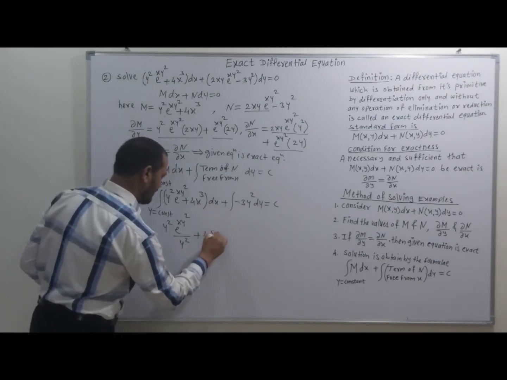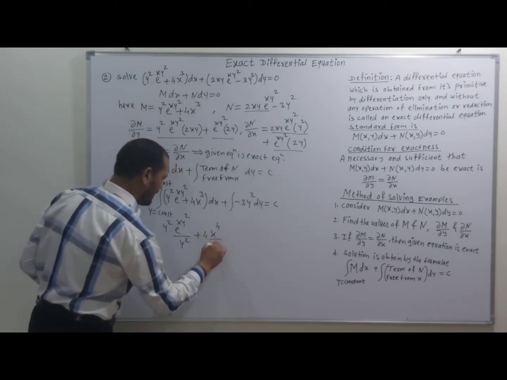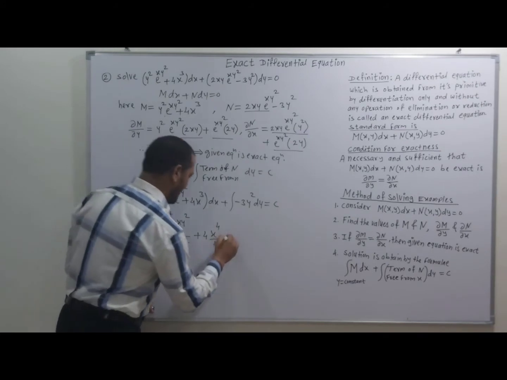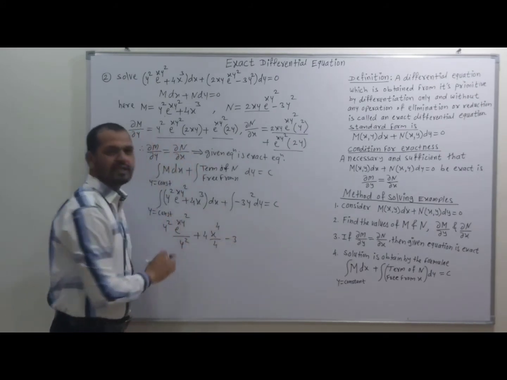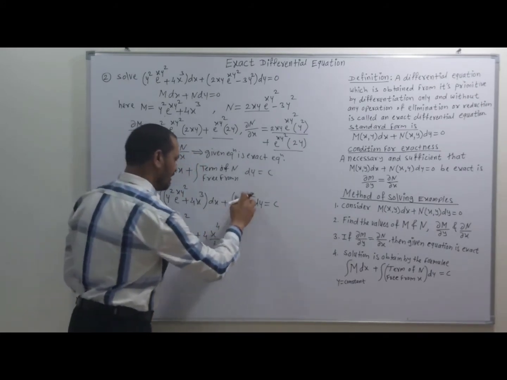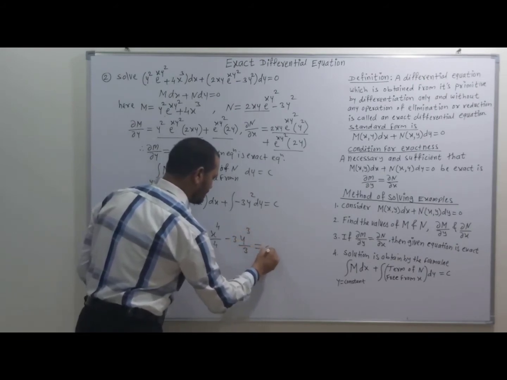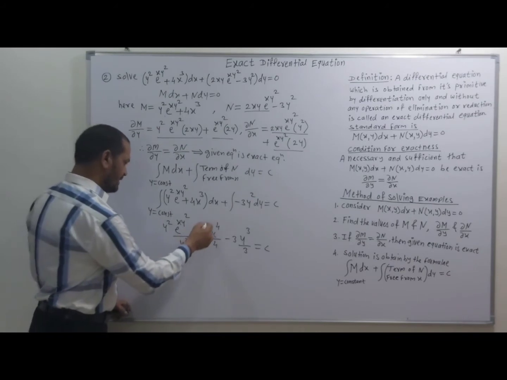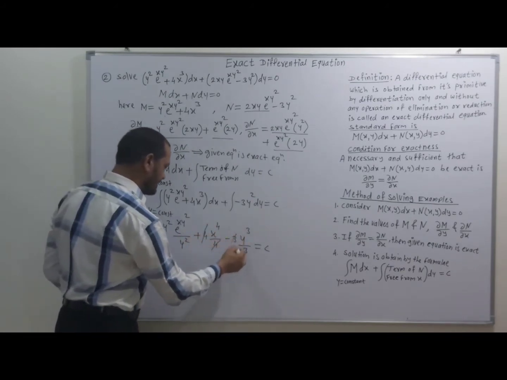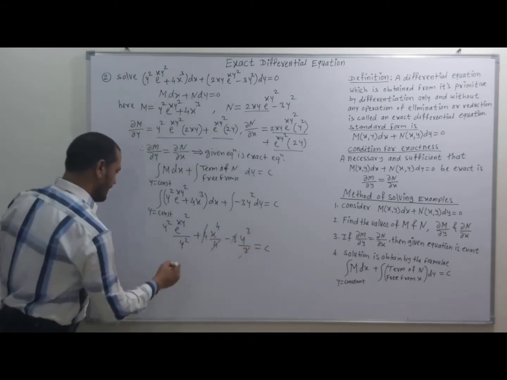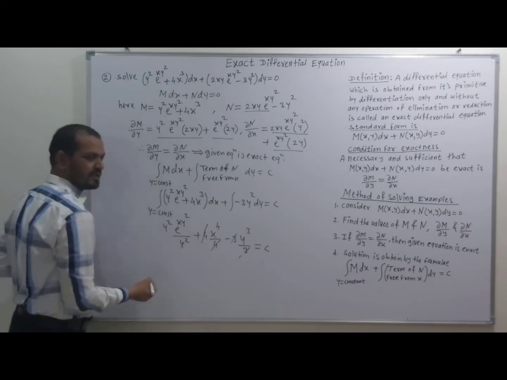Then integration of x cube is x raised to 4 upon 4, minus 3 we can take outside the integration. Then integration of y square is here y cube by 3 equal to c. So here this 4 will get cancelled, this 3 will get cancelled, and we can write the solution of this term.